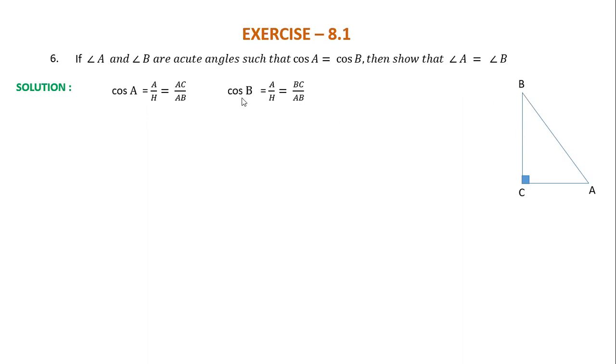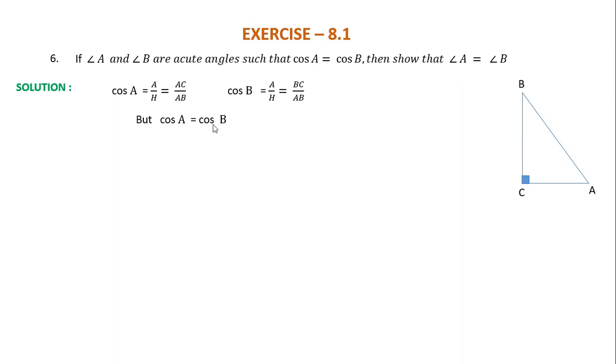Then when you talk about cos B, with respect to this angle, adjacent is BC and hypotenuse is AB. So that's how you write cos A is equal to AC upon AB and cos B is equal to BC upon AB. But we are given that cos A and cos B both are equal.